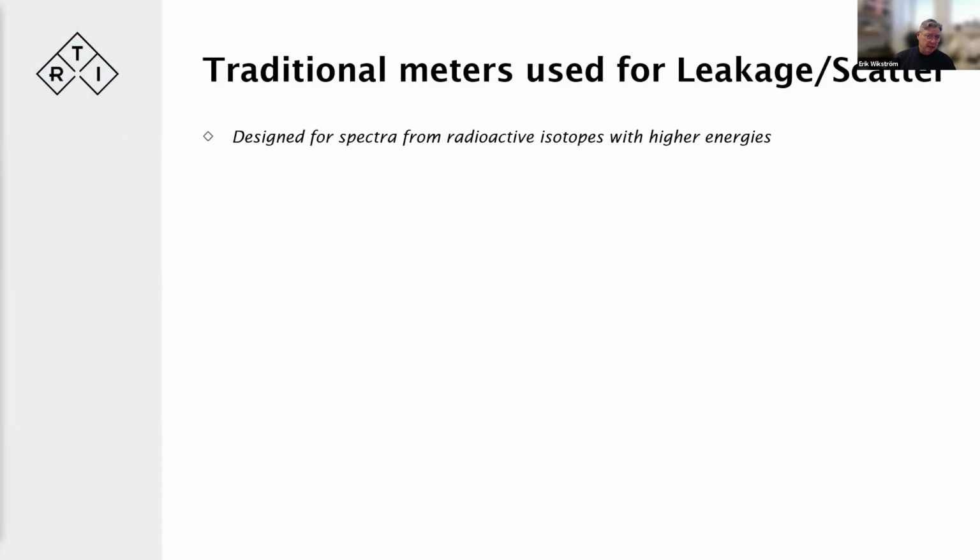Well, many of the traditional meters used for scatter and leakage measurements are designed for radioactive isotopes, for surveying larger areas to look for radioactive waste, for instance. They're not ideally suited for the diagnostic imaging energy range, which is a mean energy of 10 to about 150 keV. That's where we have the spectrum that's interesting for diagnostic imaging.